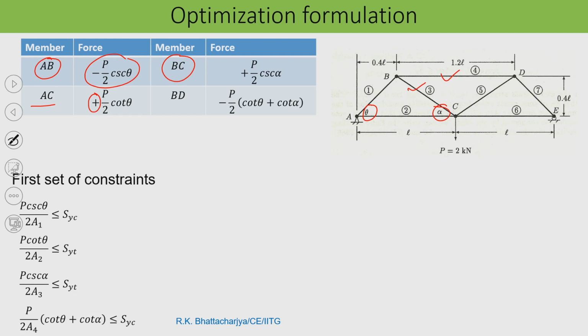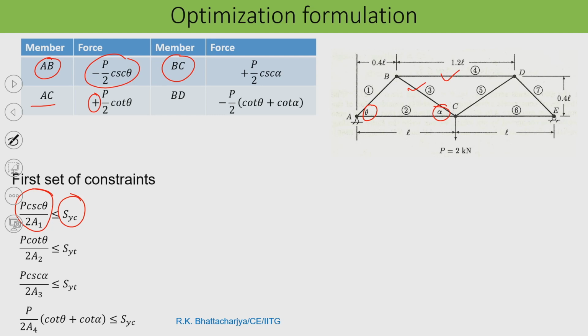Therefore, the first set of constraints: the stress developed here is P cosec theta by twice A1, and this should be less than the permissible compressive stress of the material.